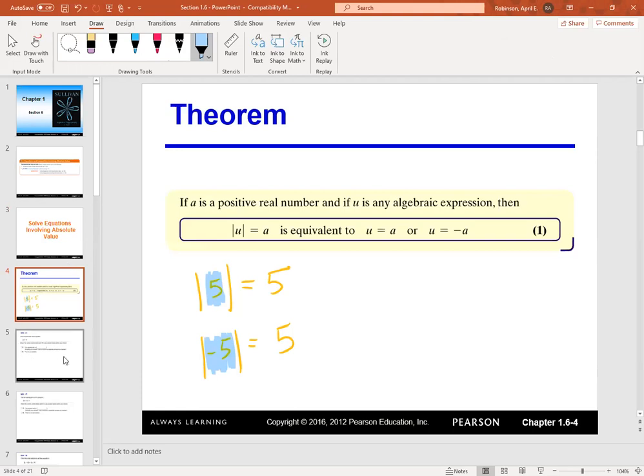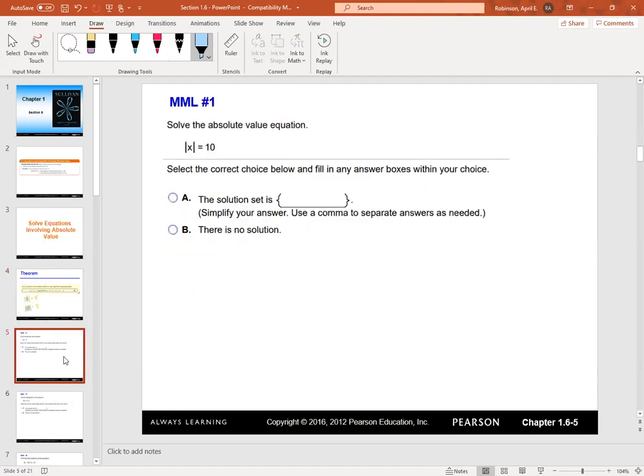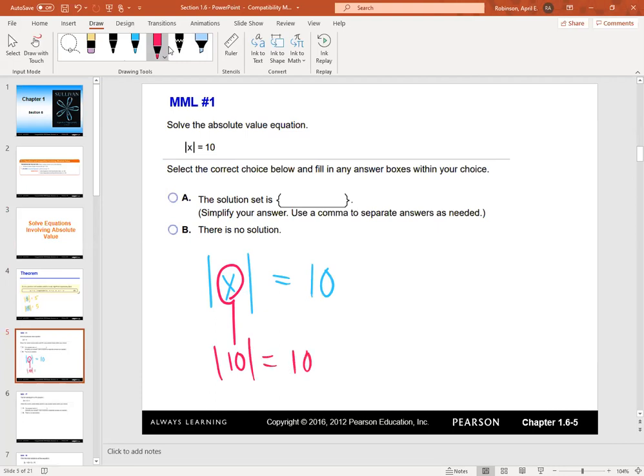So I went straight to a couple of my math lab examples on this one. It says solve the absolute value equation. You're trying to figure out what X is. If they tell you that the absolute value of X is equal to 10, that means this X could have been a 10 because the absolute value of 10 is 10, or it could have been a negative 10 because the absolute value of negative 10 is 10.